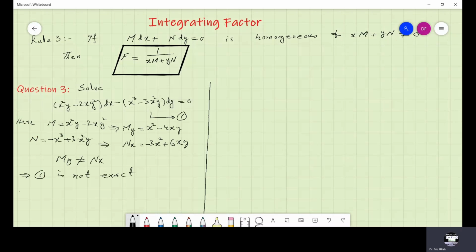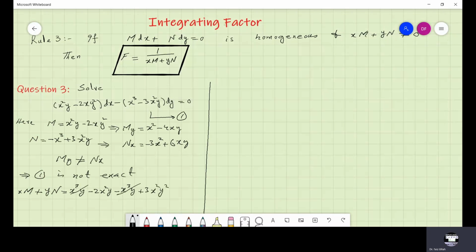Now let us multiply m with x plus n with y and simplify this. If I multiply m with x, I get x cube y minus 2x square y square. If I multiply n with y, I get minus x cube y plus 3x square y square.